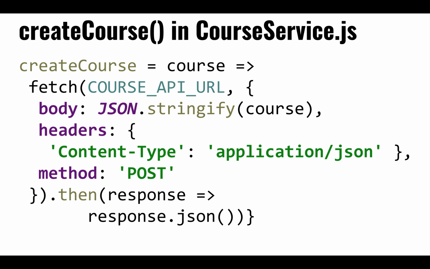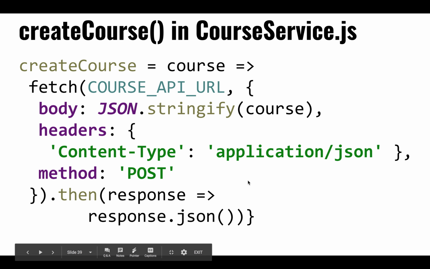And finally, the method: post. Notice that that's one big JSON object. It starts here and ends right here. It's a configuration object for how I want fetch to behave. Other than that, it's the same. Then the response parses the JSON. That stays the same.